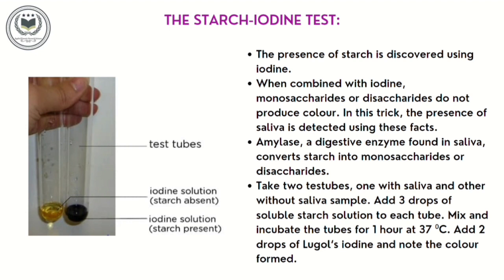This is the indication of absence of saliva. When the solution is transparent, it indicates that saliva is present in that sample. It is not a confirmatory test for saliva, it is only used as a preliminary test.